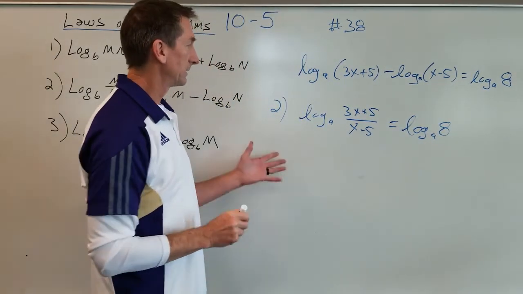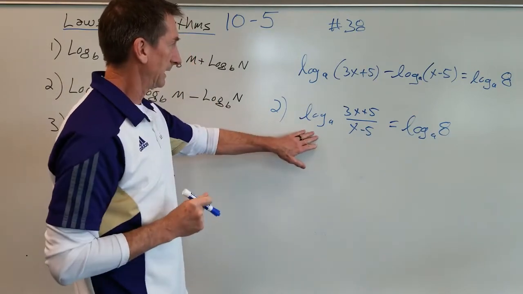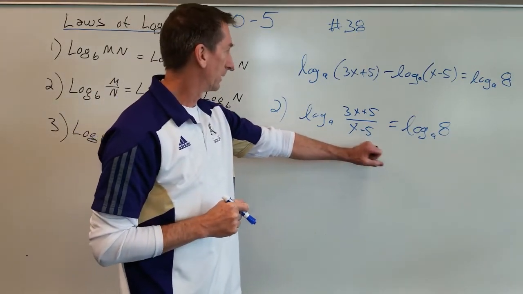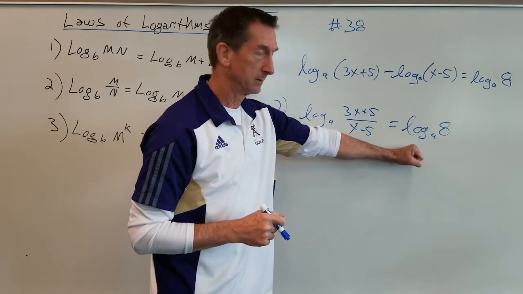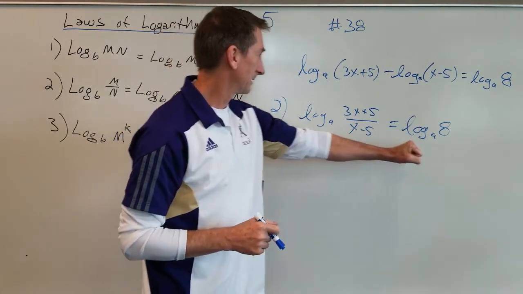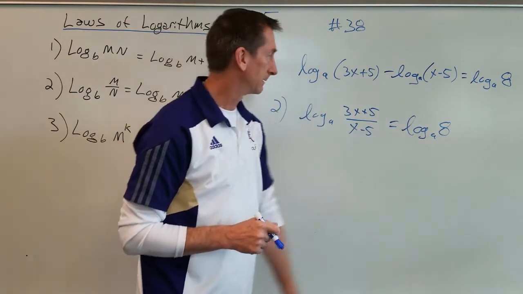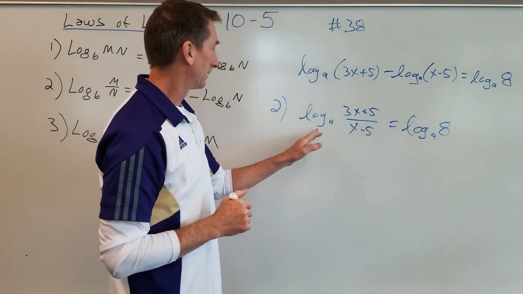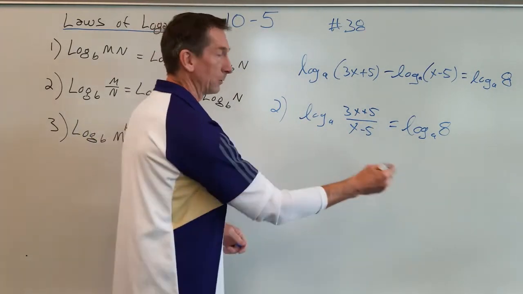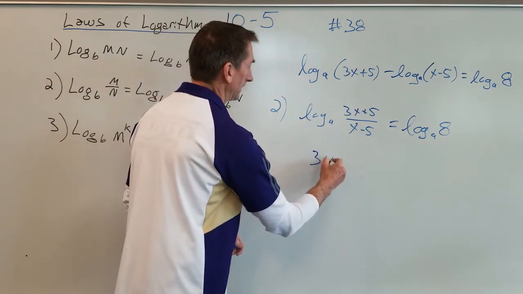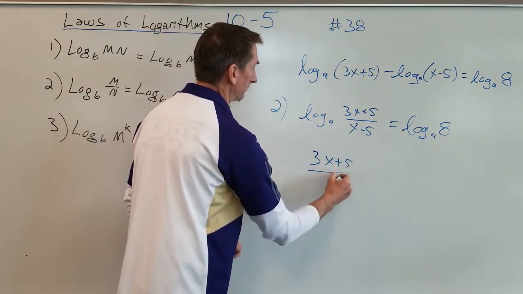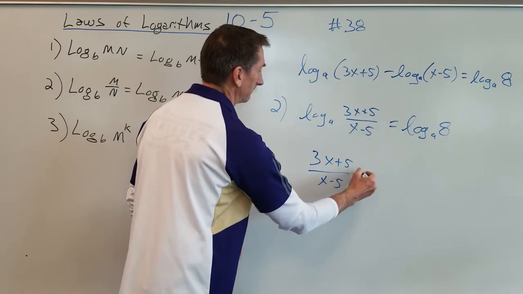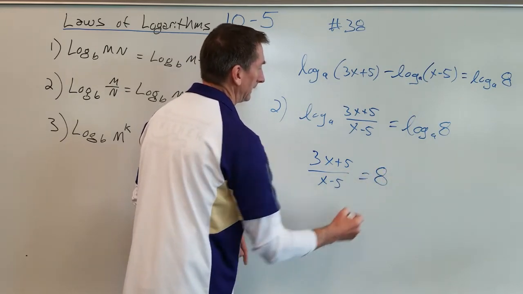Okay, so now I can see that I have an equivalency here where these are both logs. This has got to equal 8. That is the only way these things can be equivalent. So all I have to do is equate the 3x plus 5 over x minus 5. That is equal to 8.